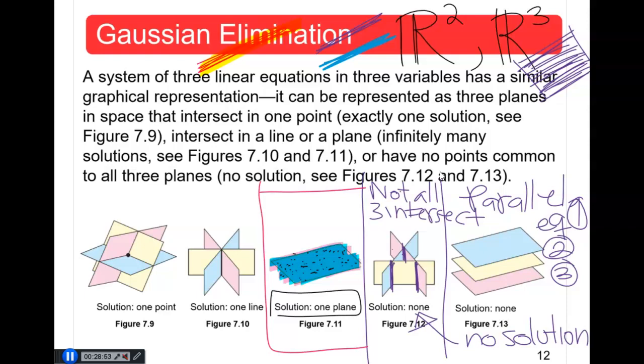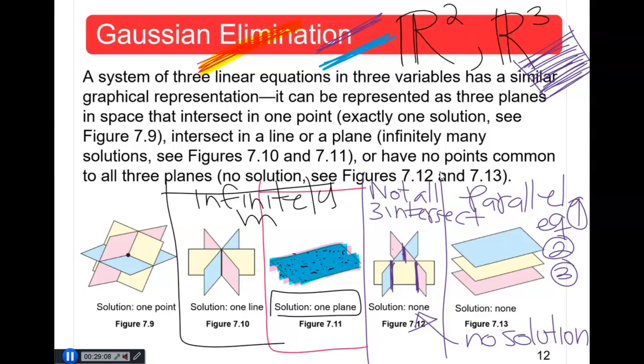And then for infinitely many solutions, actually these 2 are both infinitely many. However, where you have all 3 planes overlapping each other, any point on the plane will work.